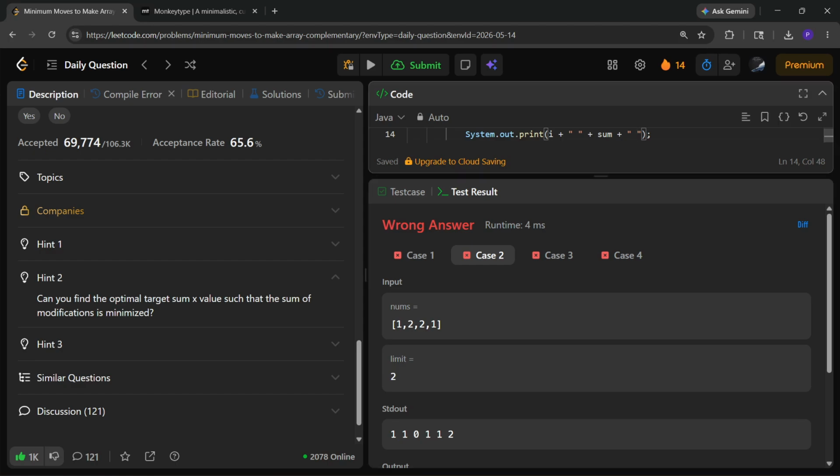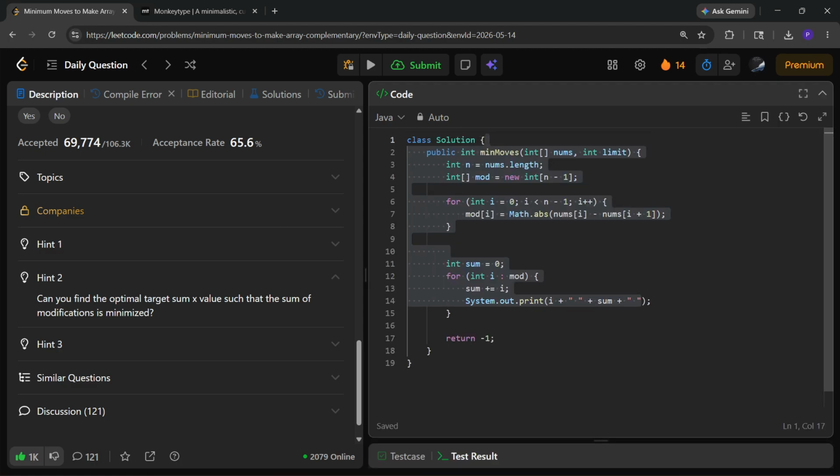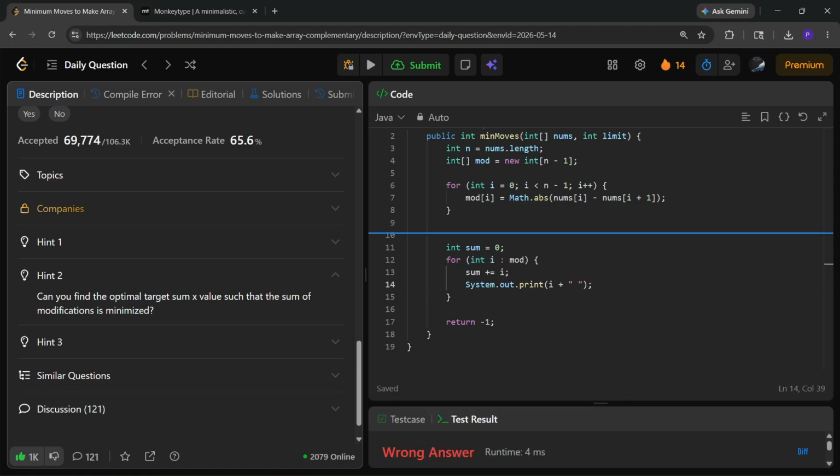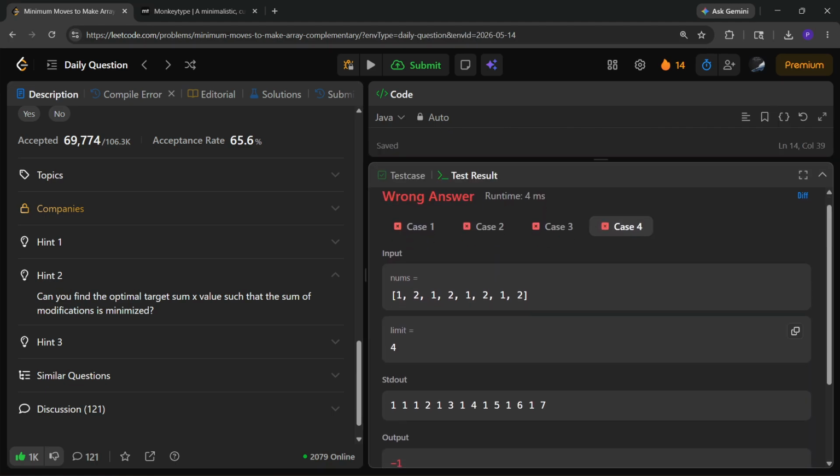So minimize the sum. Imagine the target sum should be, what would have been the target sum for this number of elements.